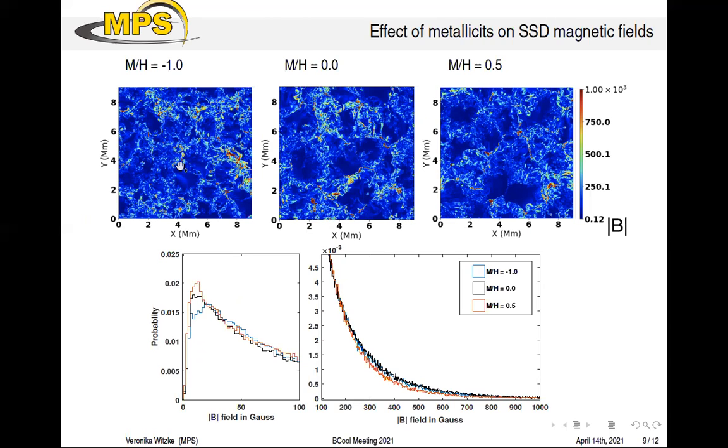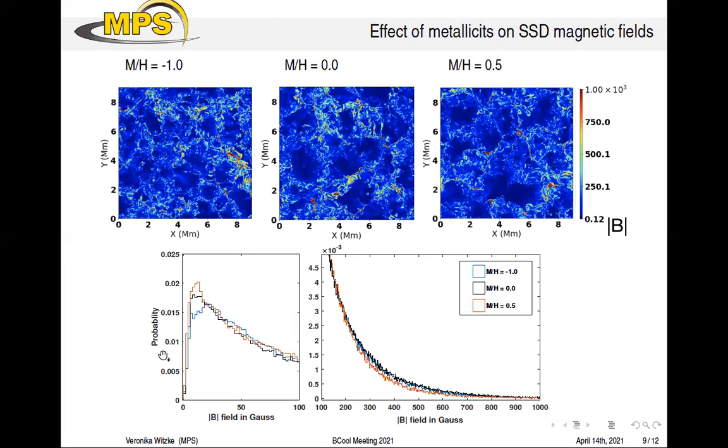So we have higher magnetic field generation in the SSD run for low metallicity stars. Going to higher metallicity stars, there's a subtle difference, but you can also see that for the solar case we still have more extreme magnetic field strengths than for the higher metallicity star.